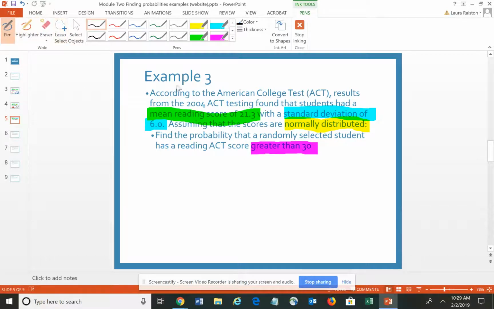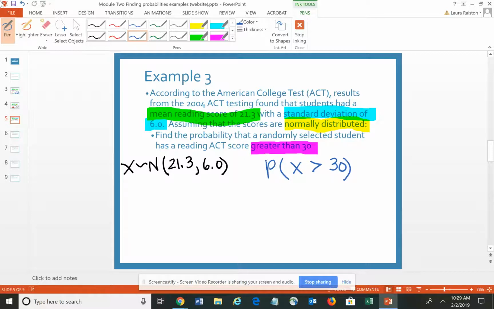If you write it in symbols, X is approximately normal with a mean of 21.3 and a standard deviation of 6. Writing the question in symbols, we'd have the probability that X is greater than 30.